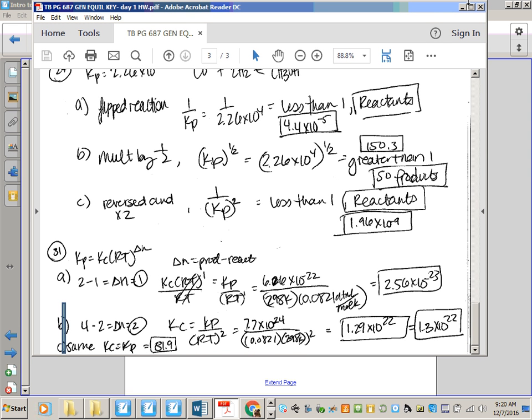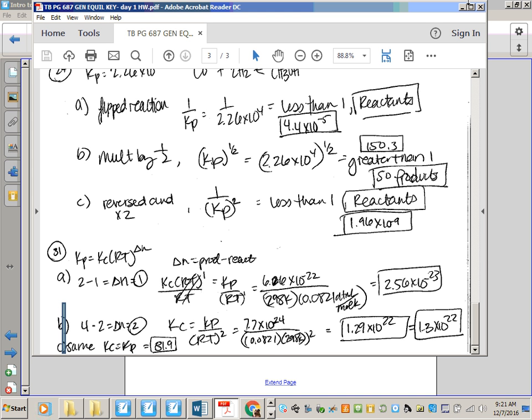So 31 is the relationship between Kc and Kp. Plugging in your values, this question gave us products forming 2 moles of gas, reactants having only 1. So when you subtract your moles, you get 1, and then when you plug in your RT to the first power, the value of Kp divided by RT, at 25 degrees Celsius, you should get your value of Kc.